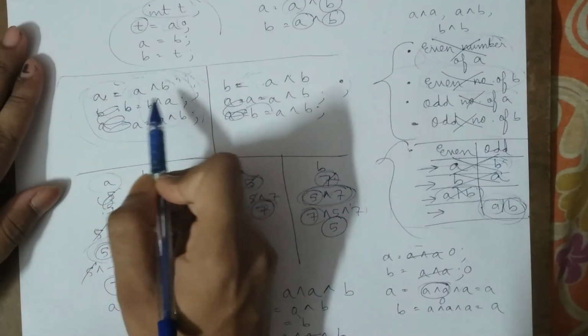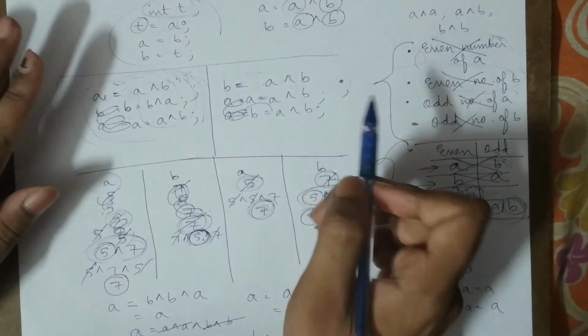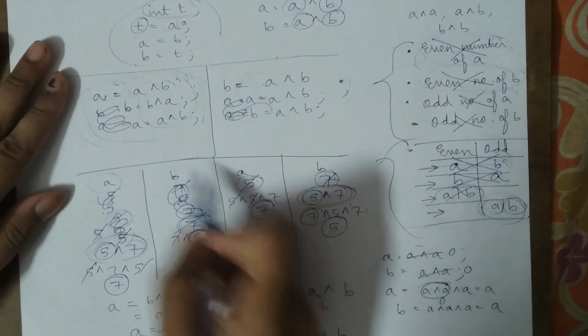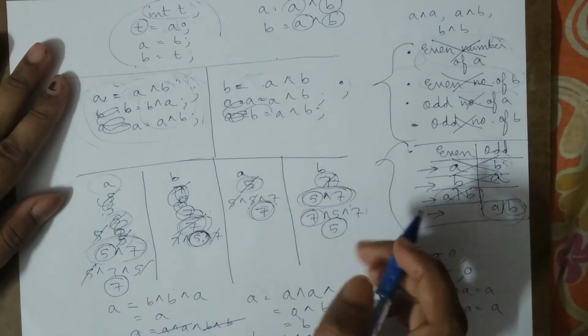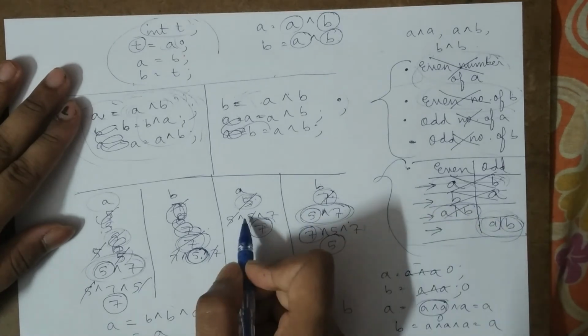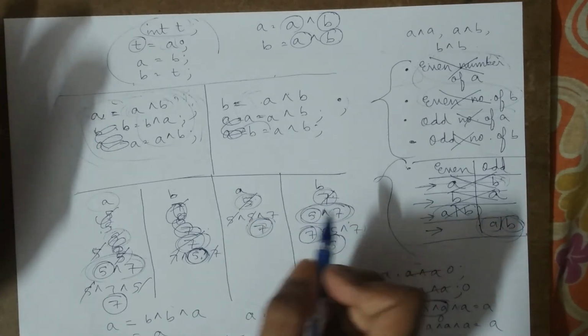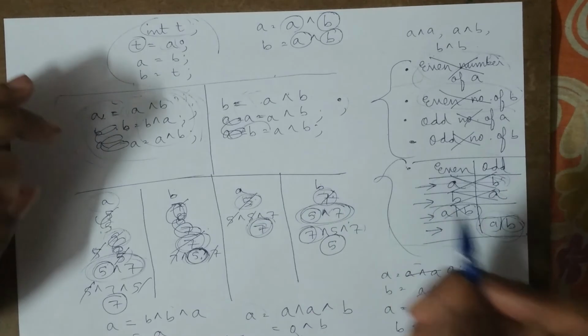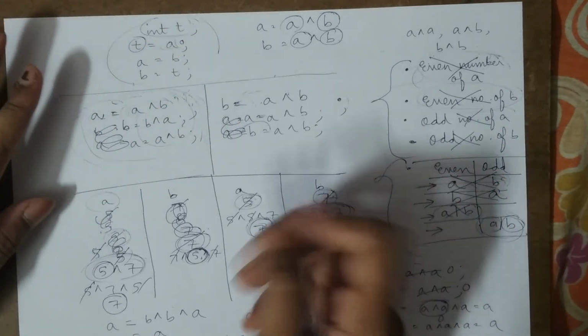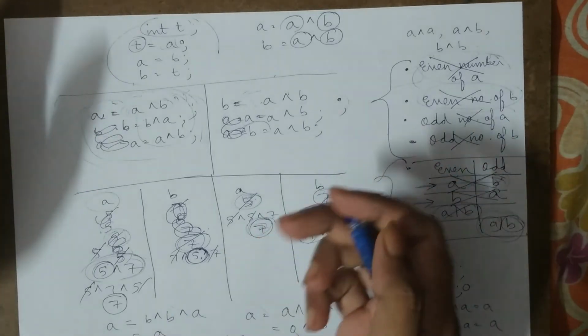So this was all about the thinking process that we had, that on the right hand side of the equation you can clearly notice that A and B are present an odd number of times, and we conclude that these two codes are correct with the help of this dry run, where we see that they work properly because of the property of XOR, where 0 XOR y is equal to y and x XOR x equals 0, because a number present an even number of times will cancel each other to give 0.